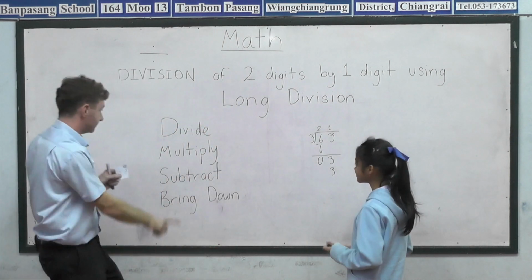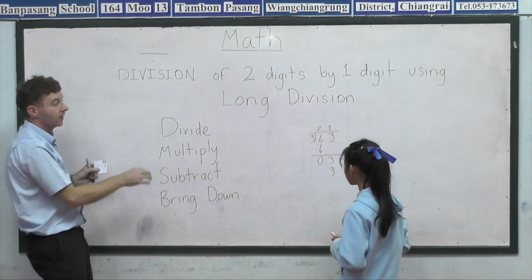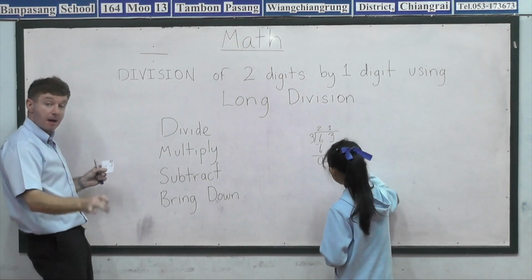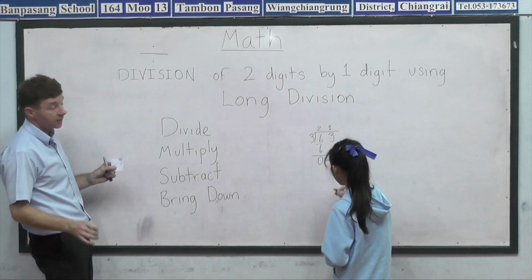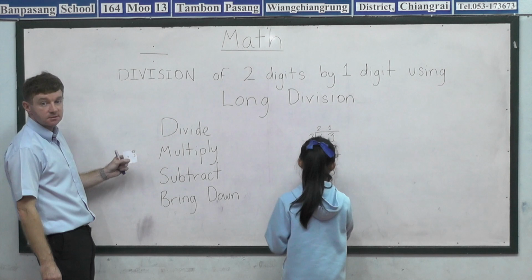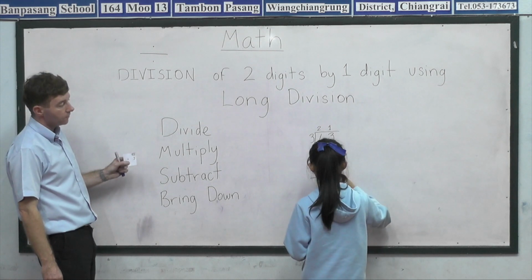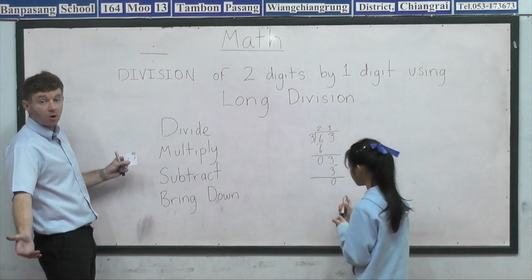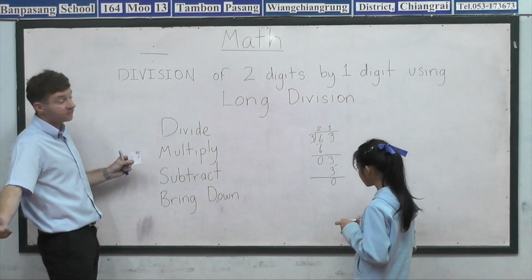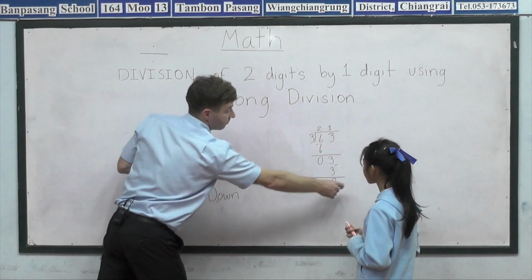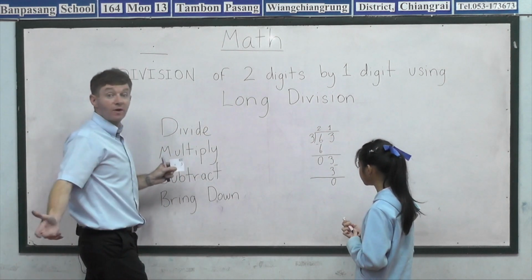Excellent. And next step, 3 minus 3 equals 0. So we know that column's done because we're at 0. Any more numbers to bring down, guys? No, we're finished.